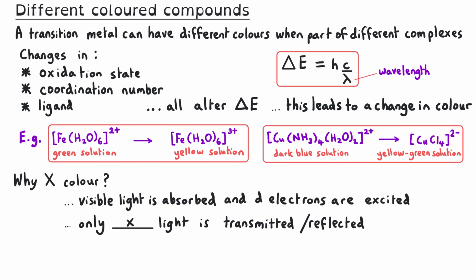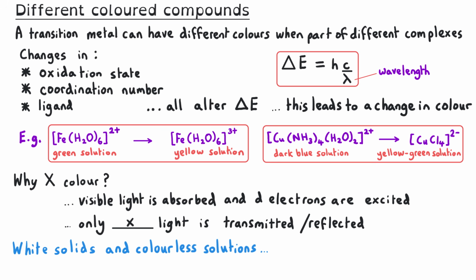And so you would only need to personalise this and vary it slightly from one complex to another depending on the colour. So for instance, why is the hexa-aqua iron 2 complex green? Well, you would say that visible light is absorbed and d electrons are excited, and only green light is transmitted or reflected, and the rest of the light is absorbed.